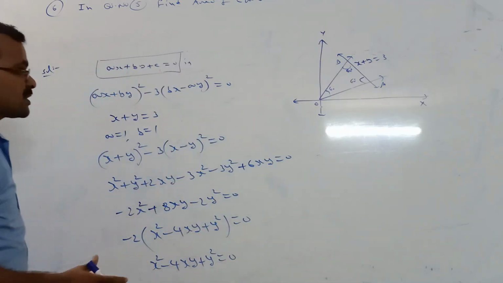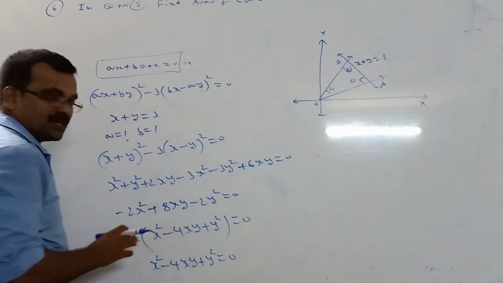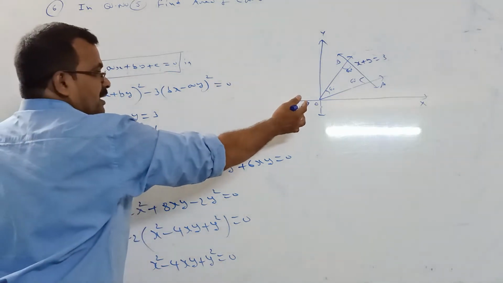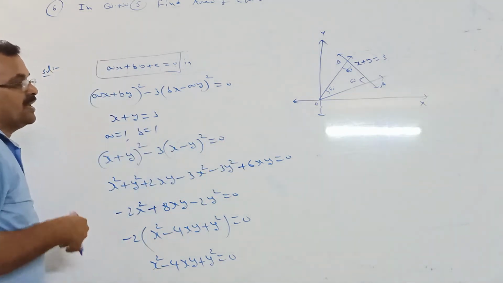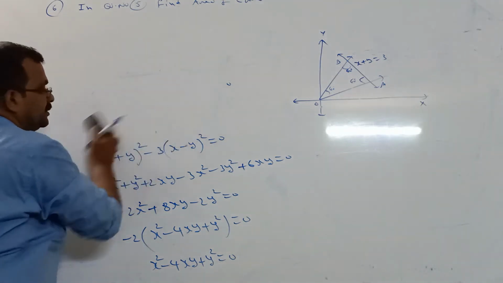So in the same question, I found the pair of lines passing through origin. Here the triangle OAB is equilateral. They are asking the area of the equilateral triangle.